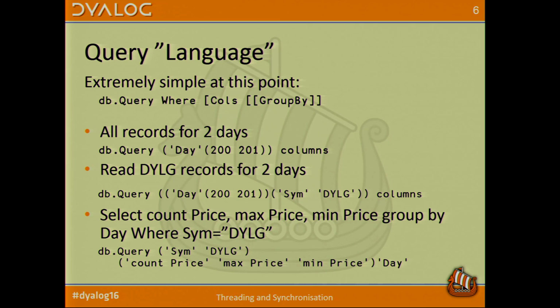If you wanted to do something like this, this is how you would write it in SQL. You would say for symbol dialog, and then we actually use this kind of SQL-like syntax, a count, the price, max price, min price, and group by day. And it goes off and does that and returns the summarized data to you.